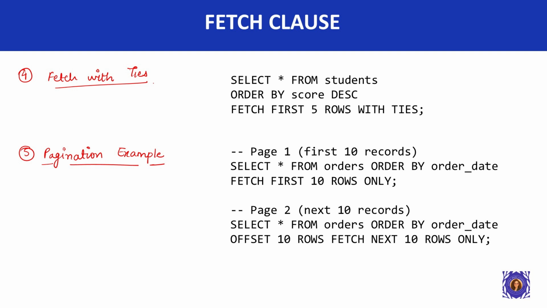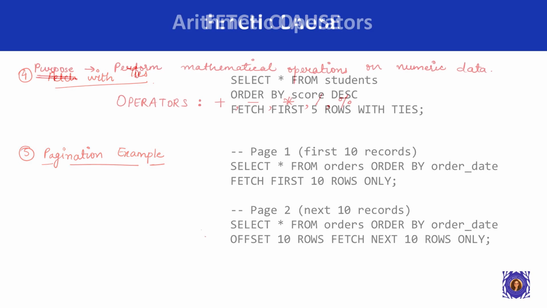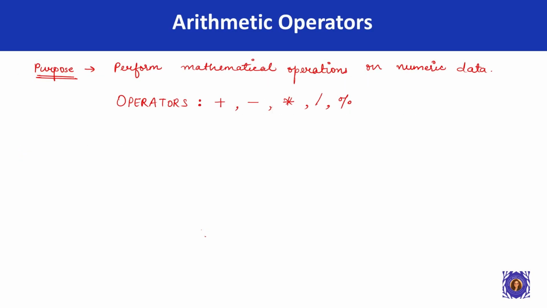To retrieve page 2, the subsequent 10 records, the query first offsets, or skips, the initial 10 rows that constituted page 1, and then fetches the next 10 rows only, thereby providing the next sequential set of data for the second page.